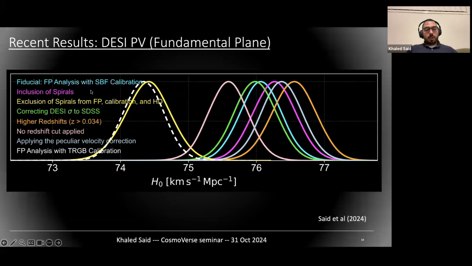We also tested what if we include spirals in our sample, intentionally having spiral galaxies in our sample, which is supposed to be elliptical and clean. What happened is actually a very small effect. But we did another check: what if we exclude spirals from our fundamental plane fit, the calibration and the Hubble diagram, using visual inspection? And that one was a huge effect.